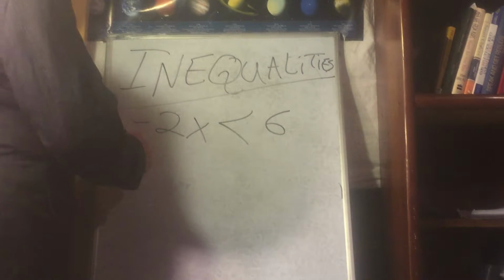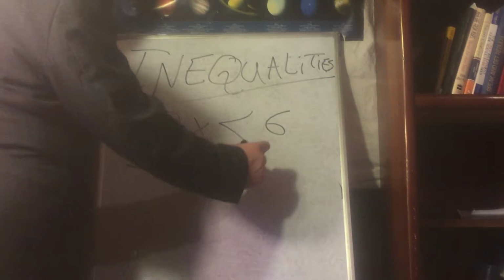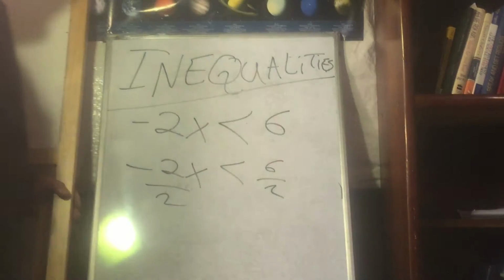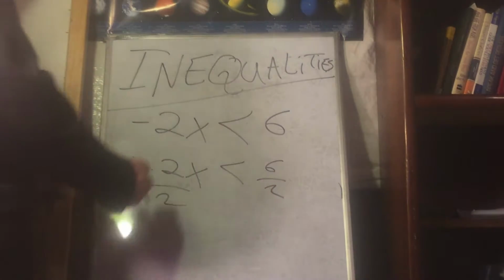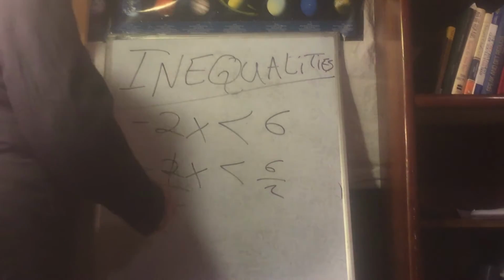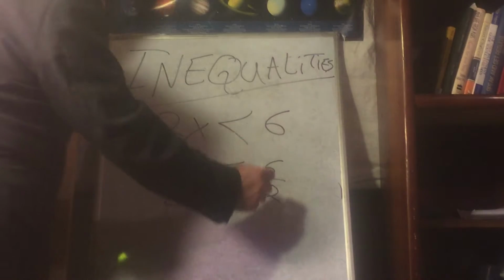Well, you divide first by 2 over here, just like equations. So we got rid of this; 2 goes away with 2, and 6 over 2 is 3.